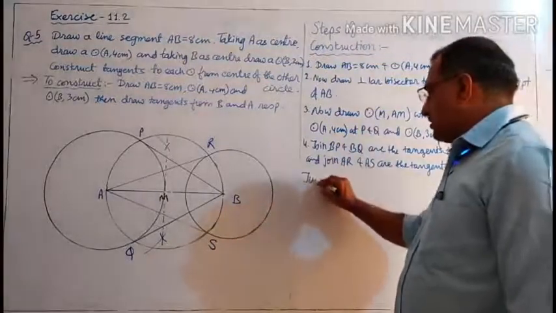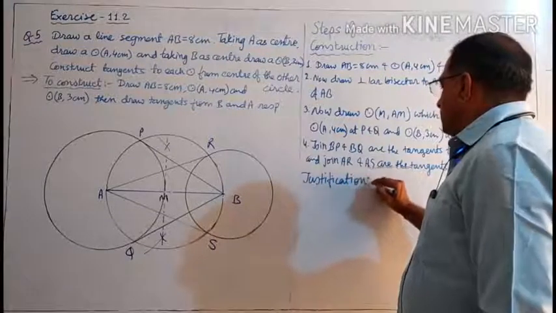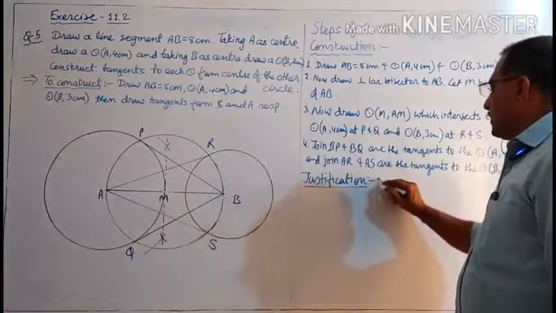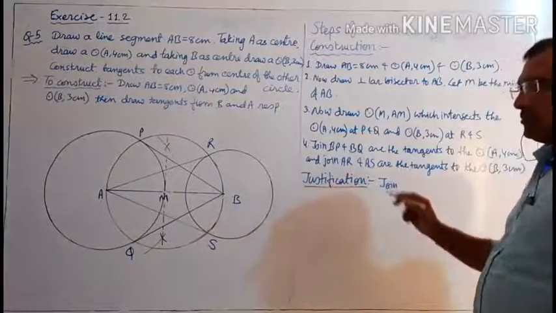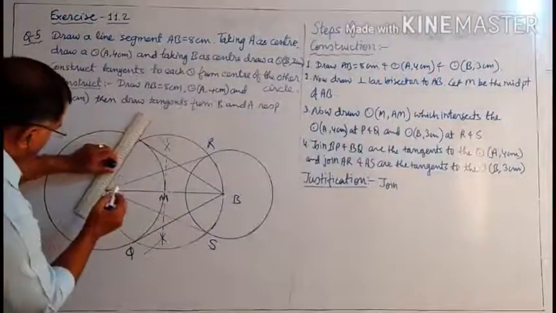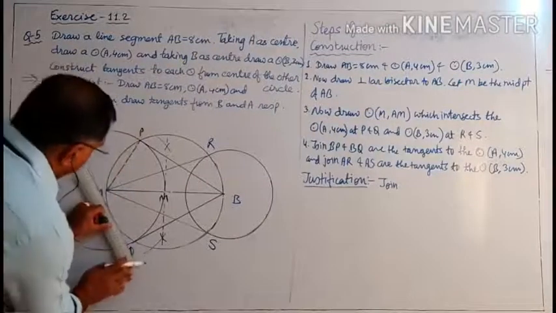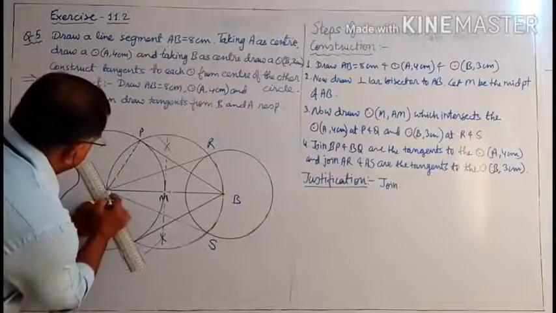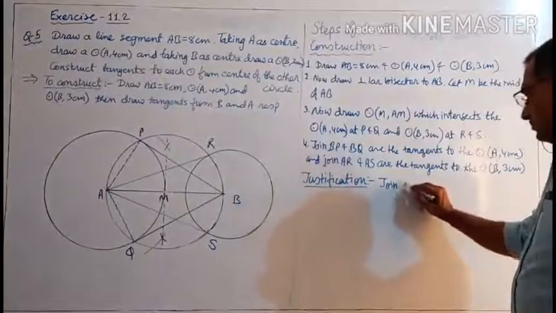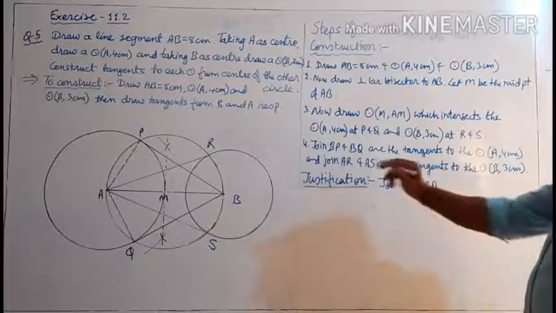Now justification. How can you say that these are tangents to the circle? So first of all, you see, join AP and AQ. When we join AP and AQ, what happens?